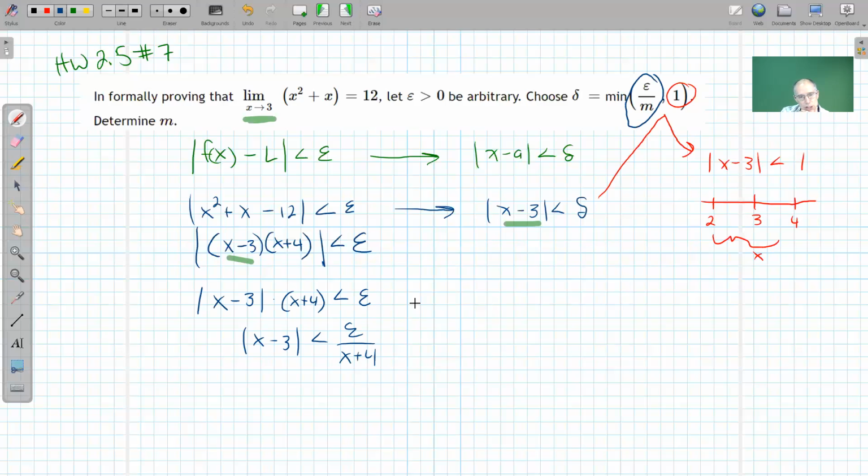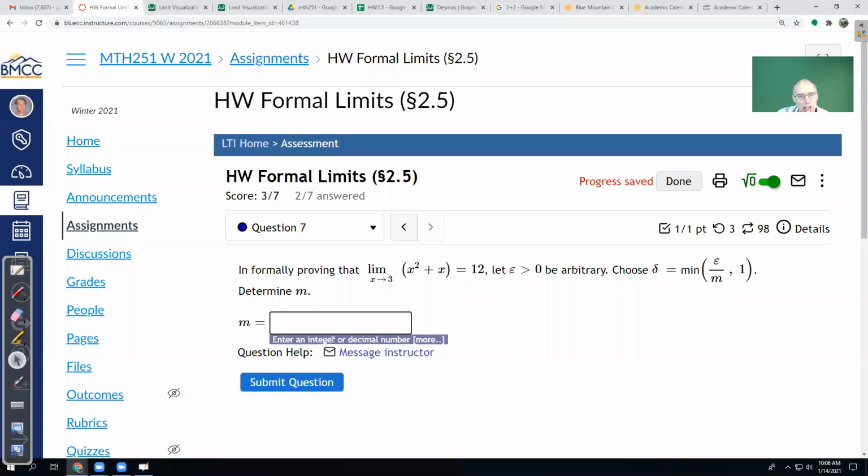I have epsilon over something, but that x is in the way because I'm assuming m here is supposed to be some number. If I go back to the problem and click on that box, it says enter a number. So I can't plug in an x there.